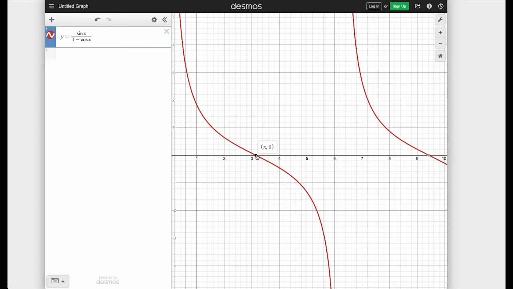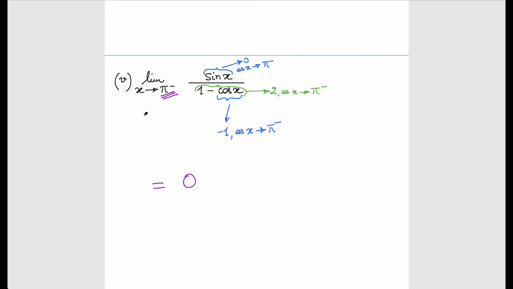This is the point pi. You're gonna see that the function value is actually 0. So the function crosses the x-axis at the point pi. Okay, and the function is defined there and it's continuous there. Okay, so L'Hopital has nothing to do with this problem.